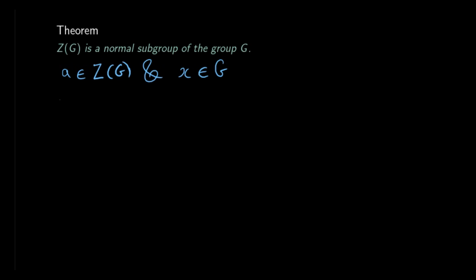Since a is in Z(G) and x is in G, we know that ax is the same as xa.